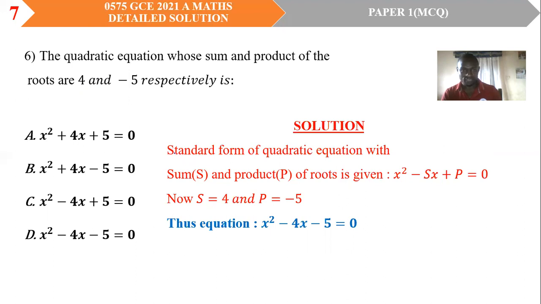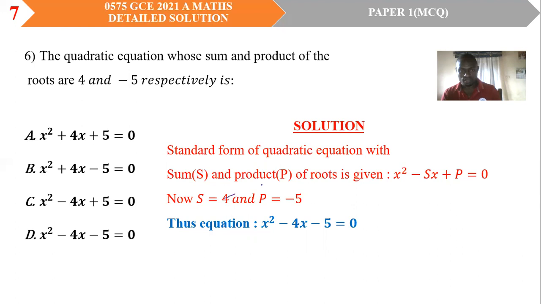We continue. We are saying that standard form of quadratic equation with sum s and product p of roots is given by x squared minus sx plus p equals 0. Now s is equal to 4 and p is equal to -5.